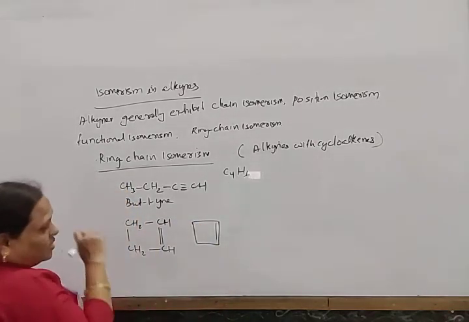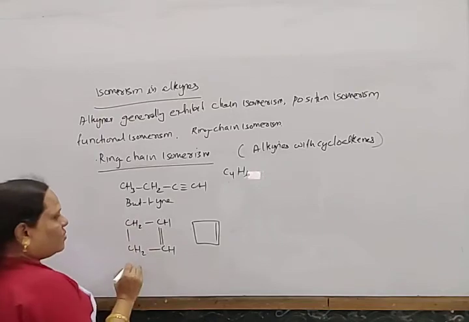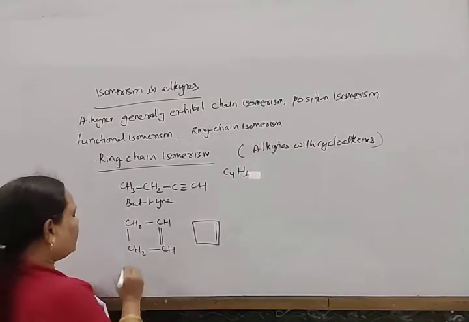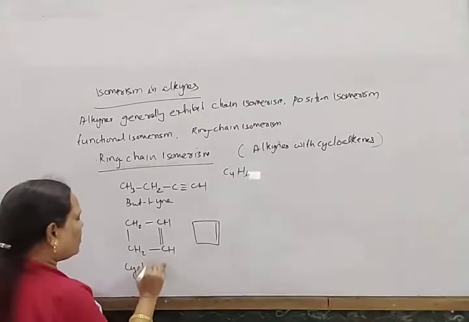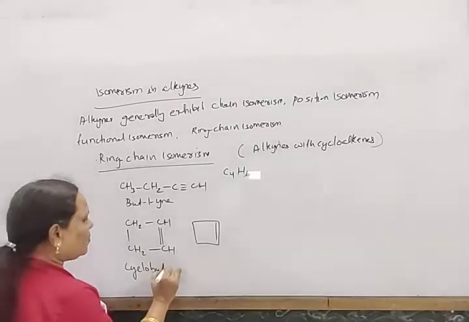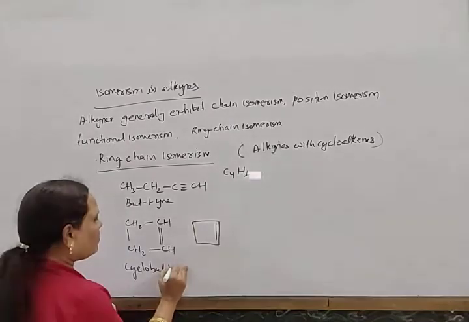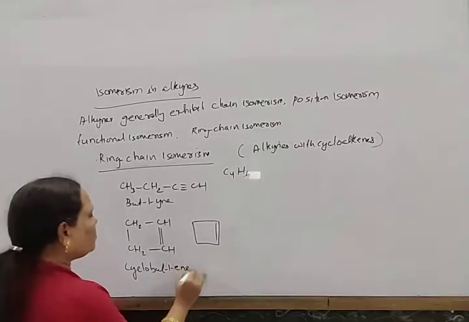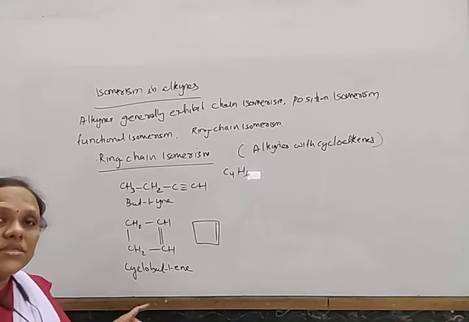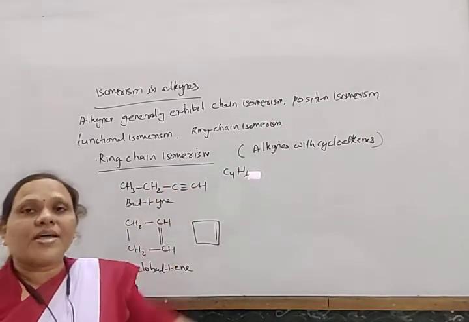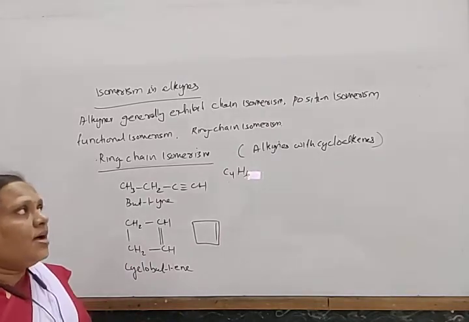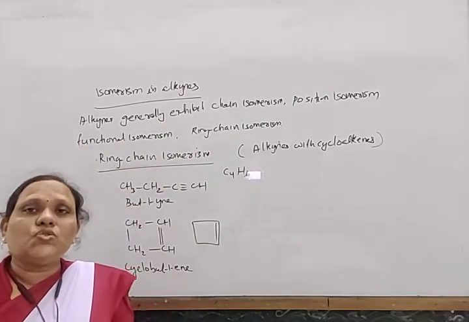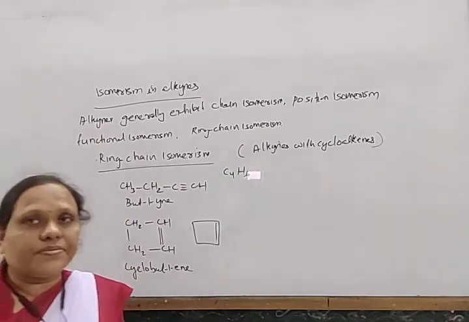So it has the same formula C4H6, and this is known as cyclobutene. So it shows ring chain isomerism with cycloalkenes. Alkynes generally do not exhibit geometrical isomerism.